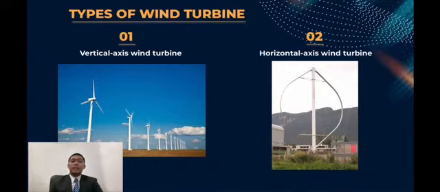It looks like a giant 2-blade egg beater. Some versions of the vertical axis turbine are 100 feet tall and 50 feet wide. Very few vertical axis turbines are in use today because they do not perform as well as horizontal axis turbines.